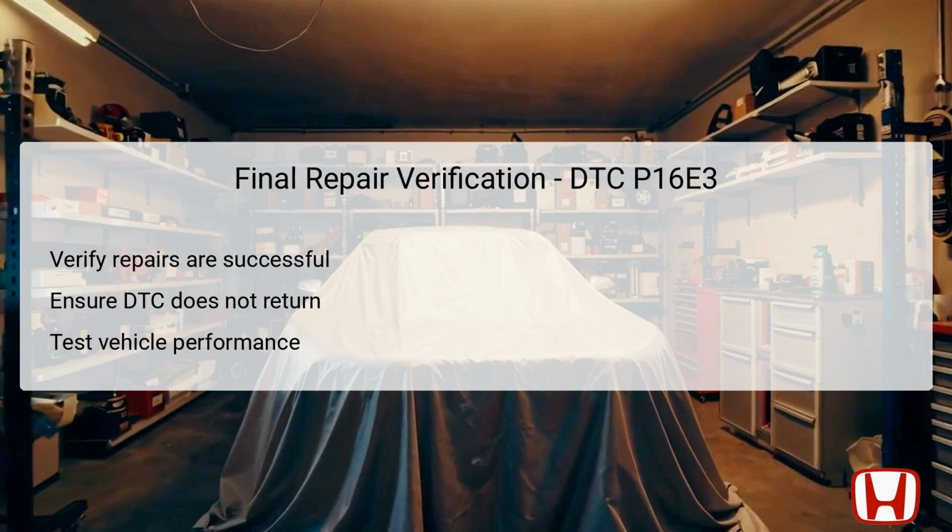Final repair verification is a crucial phase in the troubleshooting process for DTC P16E3. Once all necessary repairs have been conducted, verify that they were successful by monitoring the vehicle for any recurring DTCs. Use the HDS to perform another scan of the system to ensure that DTC P16E3 is no longer present.